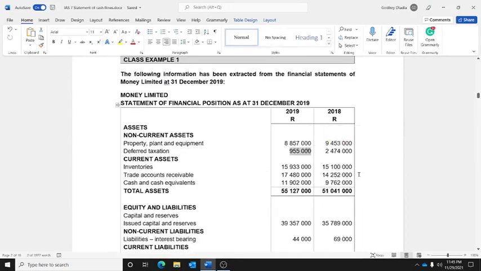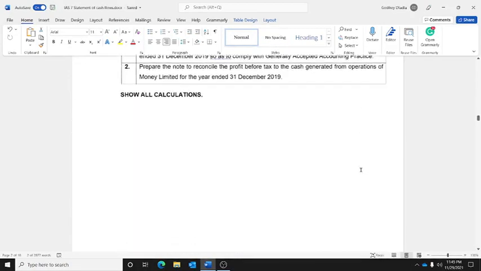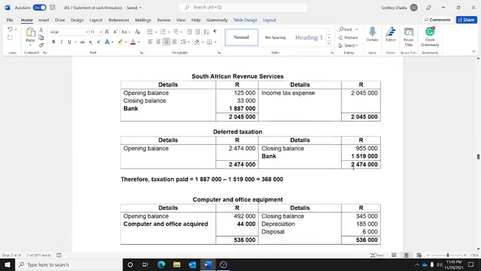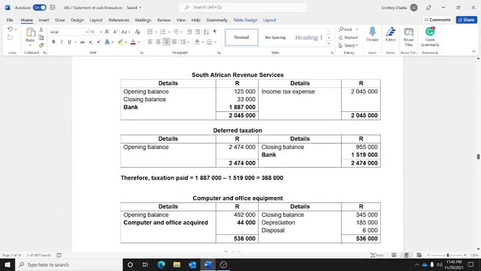Okay. So now we deal with our deferred tax. If this side is bigger, I will then have to minus this one, and that gives me this one. That symbolizes an inflow. This one is an inflow. This one is out, this in.